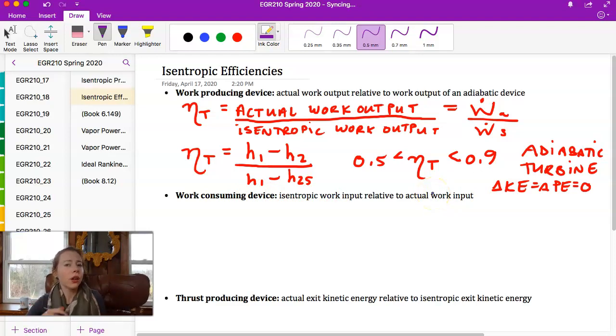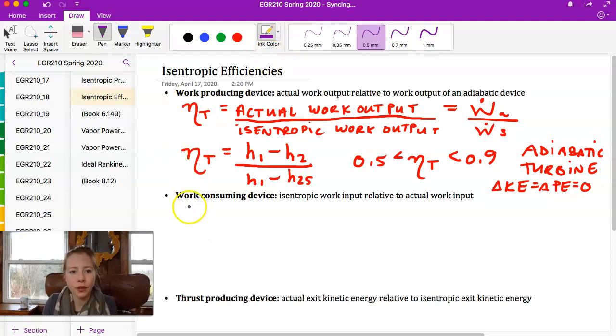With a work-consuming device, the more ideal scenario would be for it to run the exact same way on less energy coming in. The isentropic work would be the case of less energy coming in compared to the actual, and that will give you an efficiency less than 1.